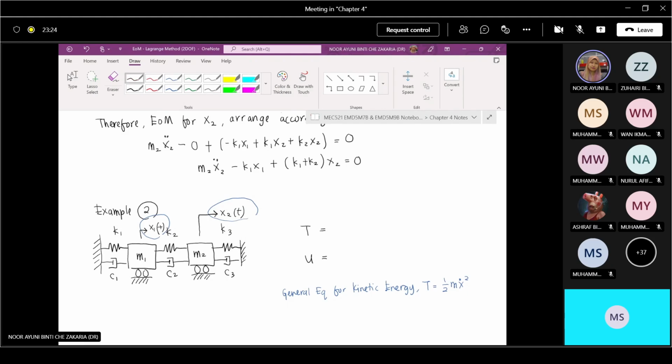So in this case, we have one on x1 in the kinetic diagram, and one more on x2. The one related to x1 is m1 with the x1 velocity, plus another one related to x2, which is m2 with the x2 velocity.